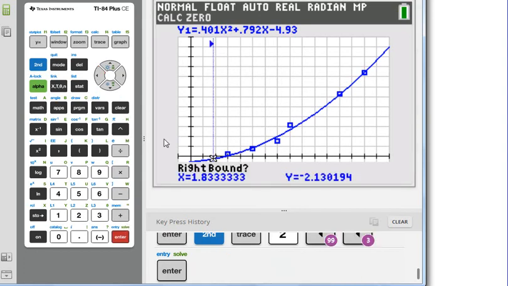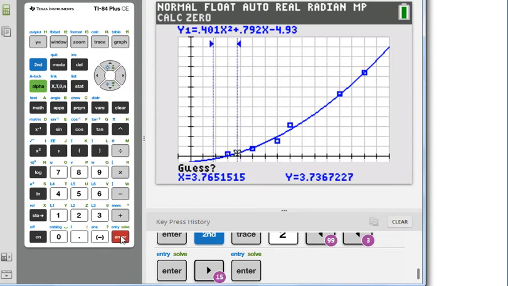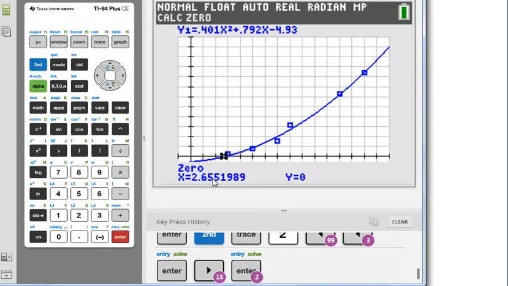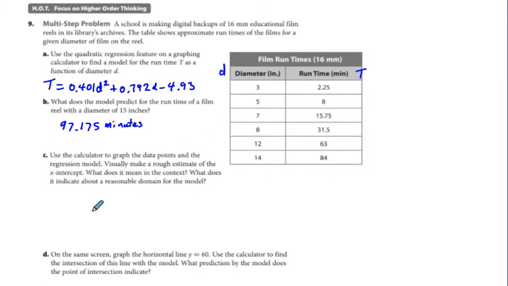Then it asks the question right bound. We arrow to the right until we're to the right of the x-intercept and press enter twice. We get 2.66, and that's going to be inches.